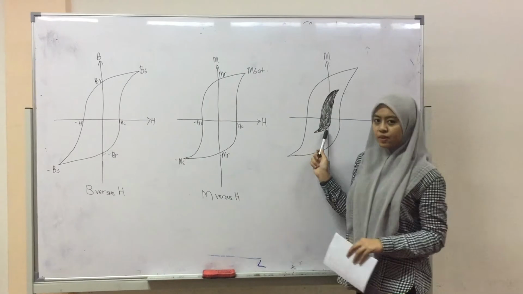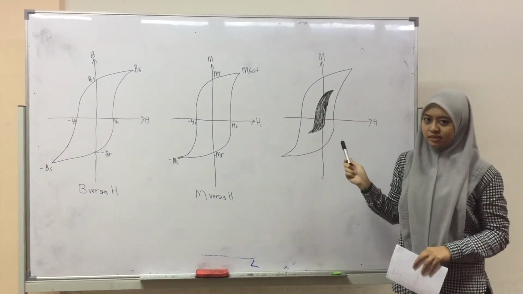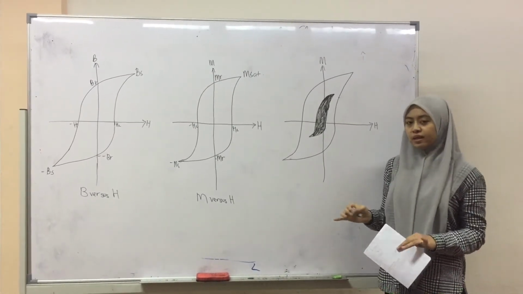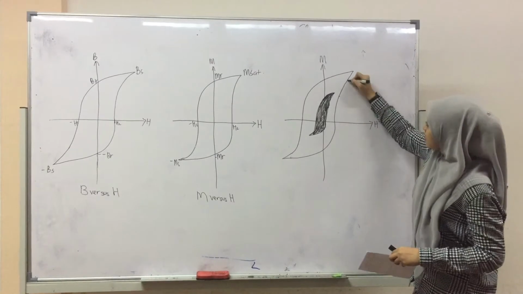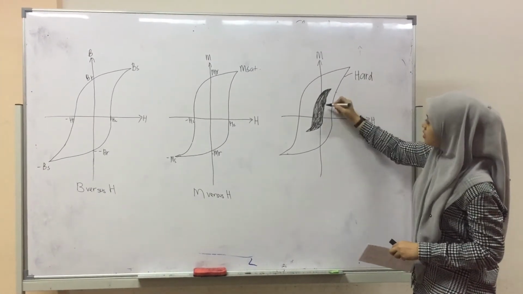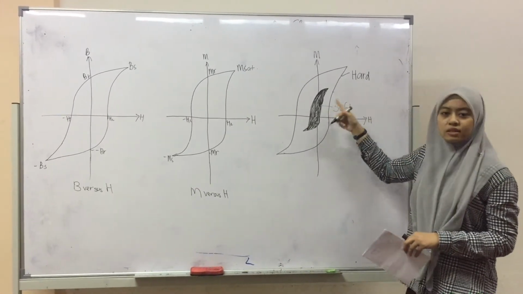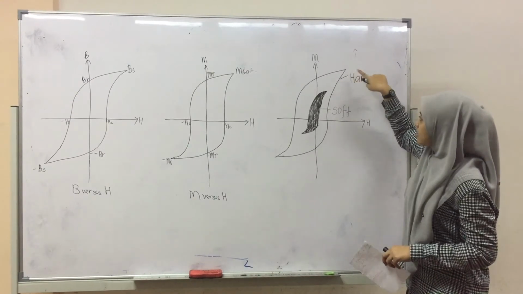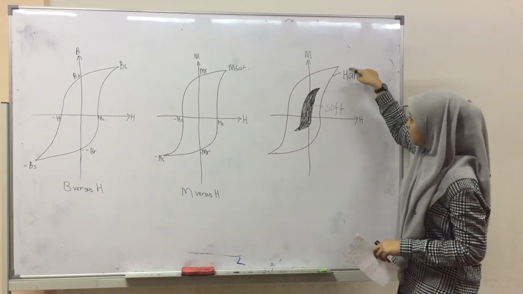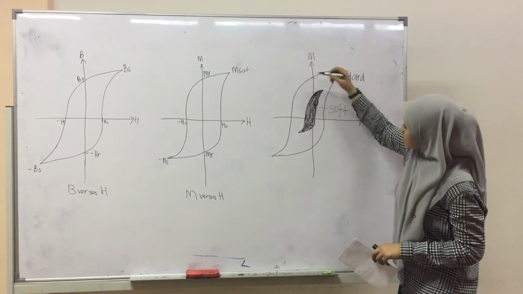So now I will explain about the hard magnet and soft magnet. The differentiation between the hard and soft magnet is this is hard and this is soft magnet. The hard magnet has high saturation, remanence, and coercivity.